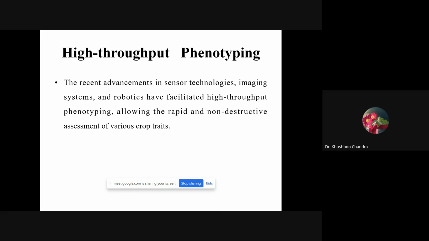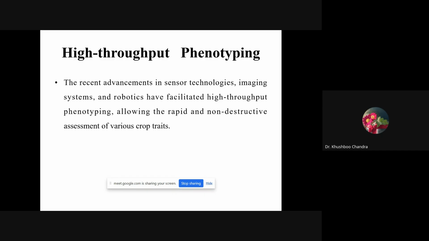The scan and image provide the specific data you want to collect, such as shoot data, root data, or plant height. This is a non-destructive method, and it bridges the gap between genotyping and phenotyping, enabling precise trait analysis for large-scale data.